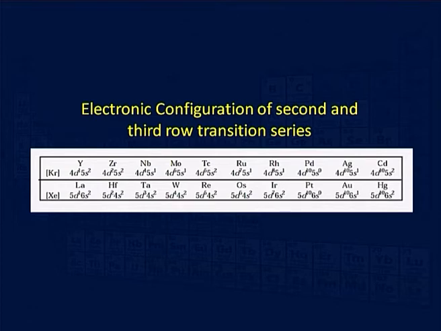As we know, the transition series starts from the third group and goes to the 12th group in the periodic table, and therefore they are congeners belonging to the same group, and should have a similar electronic configuration. But there are some differences between the first row and that of the second and third row transition metal ions.